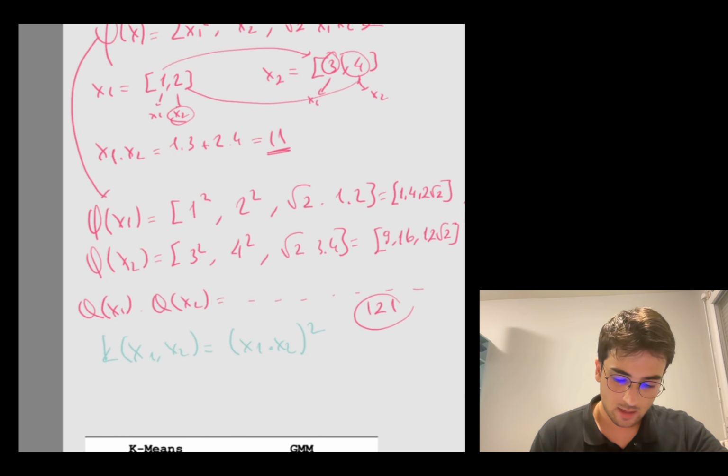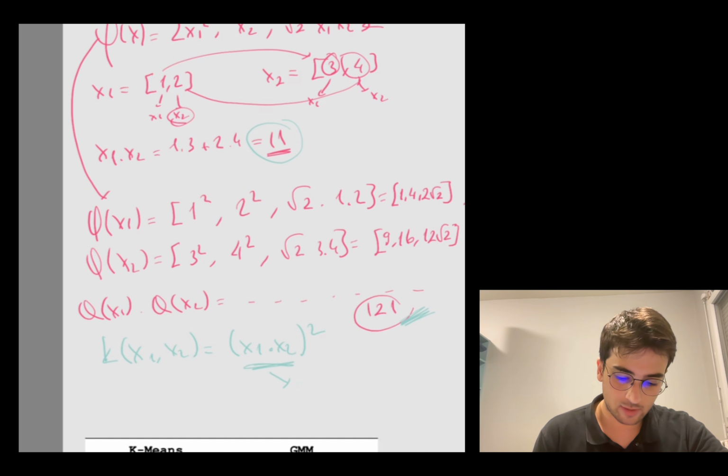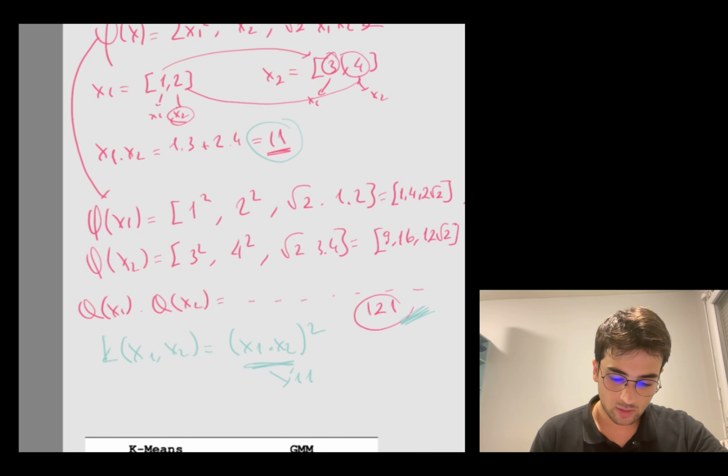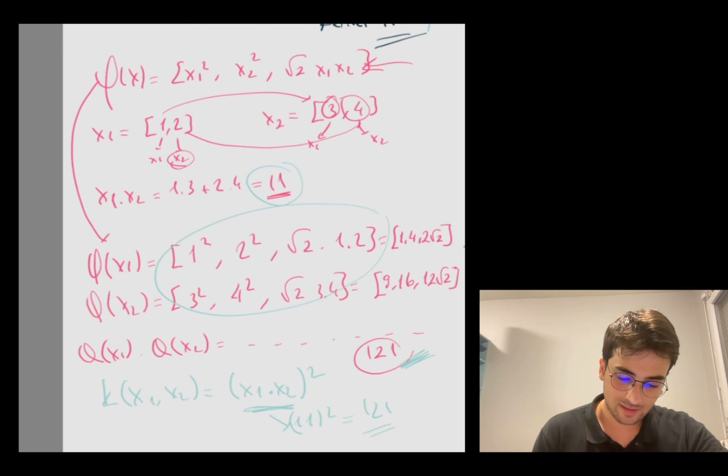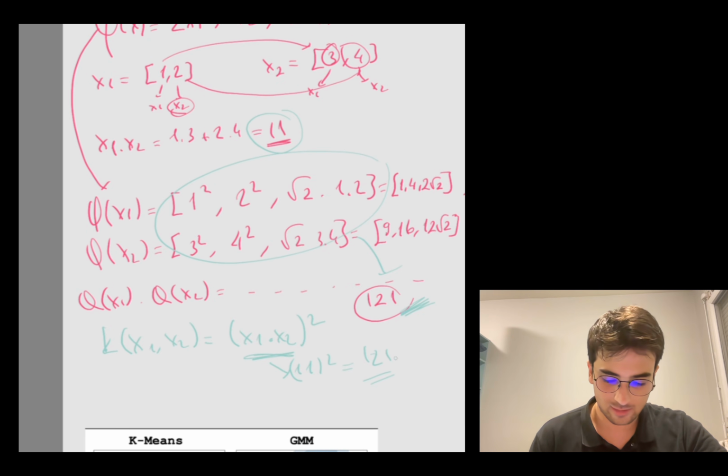Instead of doing all these calculations, do you remember we already found x1 times x2? You can easily find its square, which is 121. If you don't believe me, please check. It looks magical, but it's not.